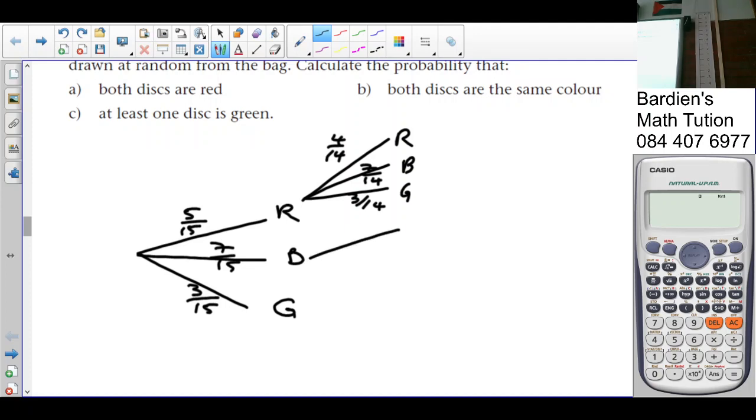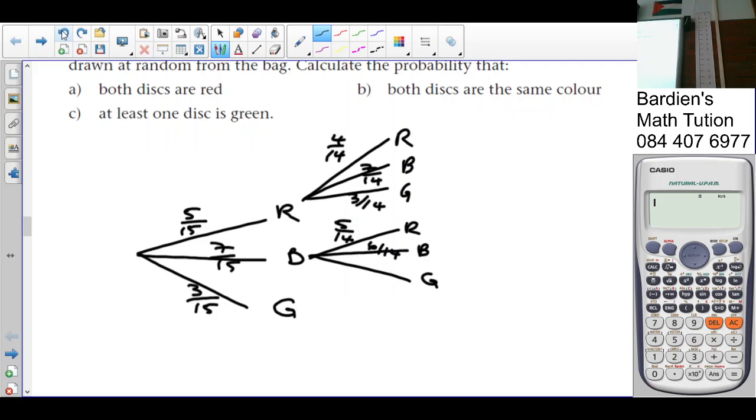Right, let's look here. It's going to be red, blue, green. If the first disc removed was blue, how many red do we have? Still 5 out of 14. Blue, 6 out of 14. Remember, I took 1 out here.